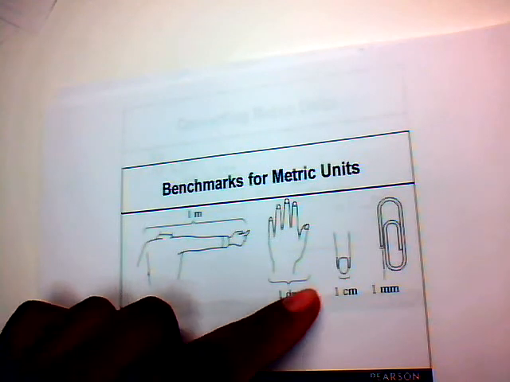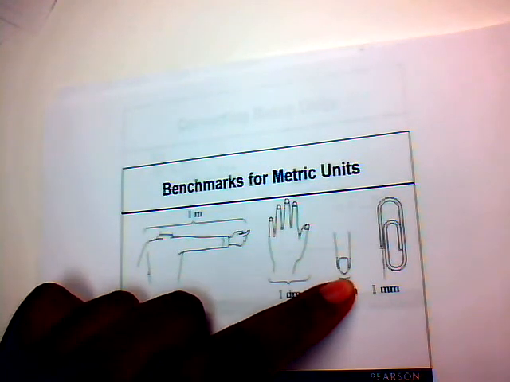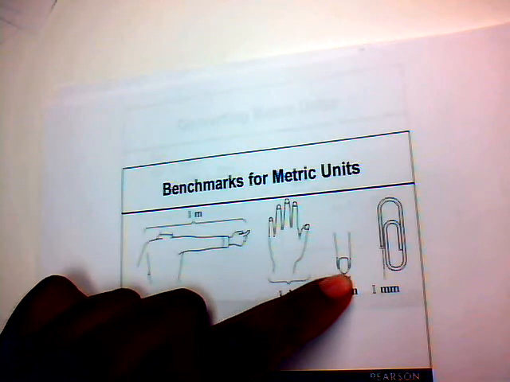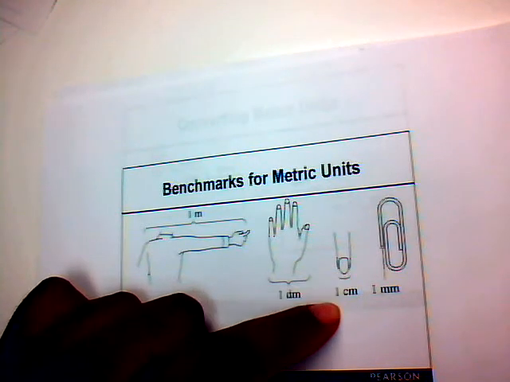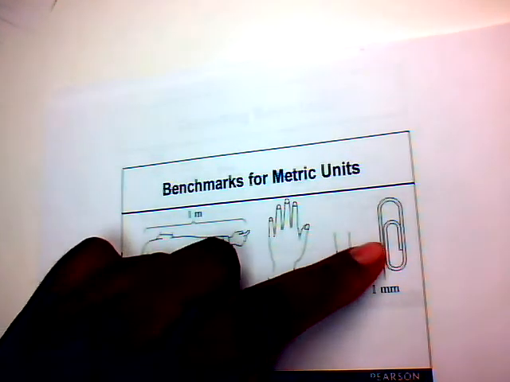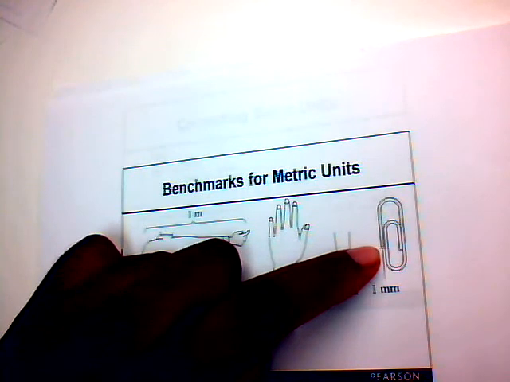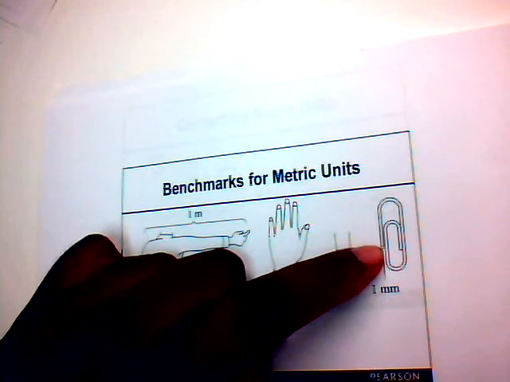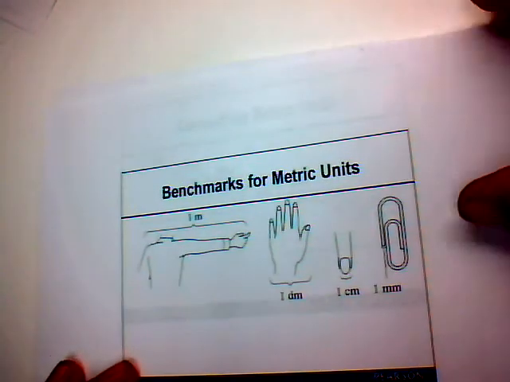And then if you look at your fingertip, the length going across of that fingertip is 1 centimeter. And for a paper clip, this small part right there represents 1 millimeter.